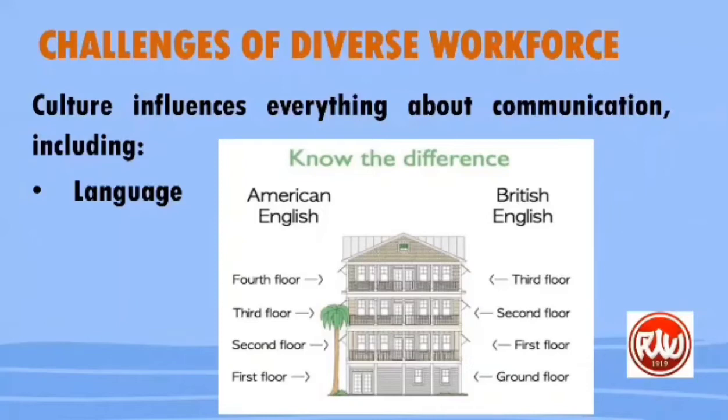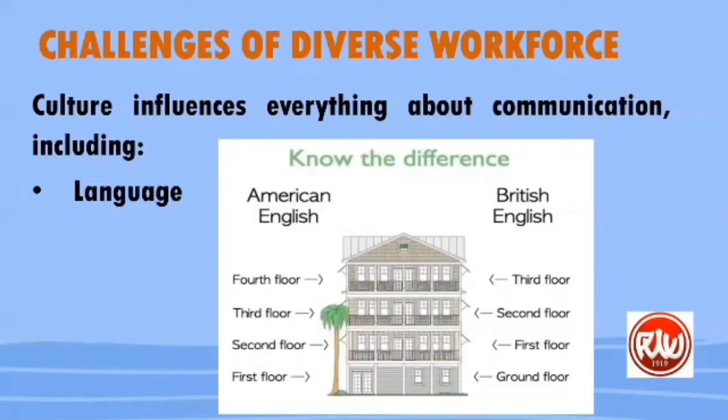But when you are using British English, when you say first floor, it actually means the second floor in our language. Why? Because they believe that there should really be a ground floor before the first floor.